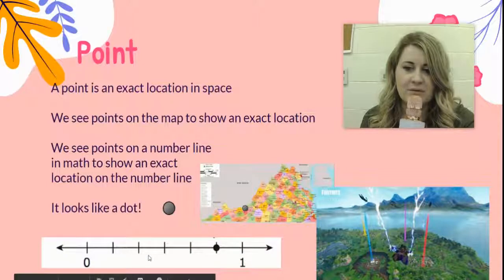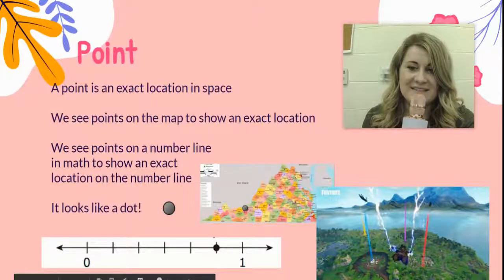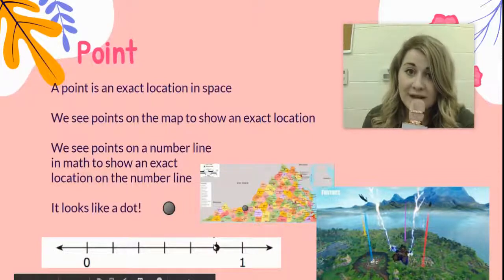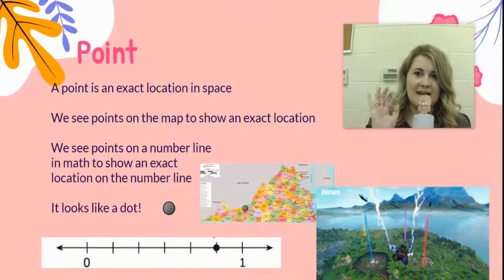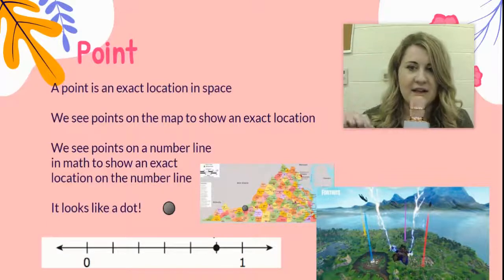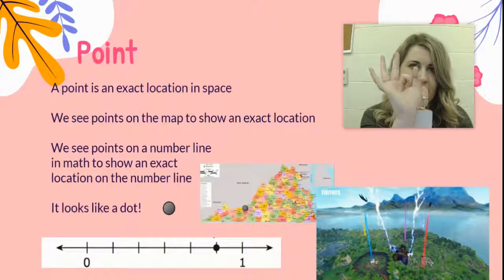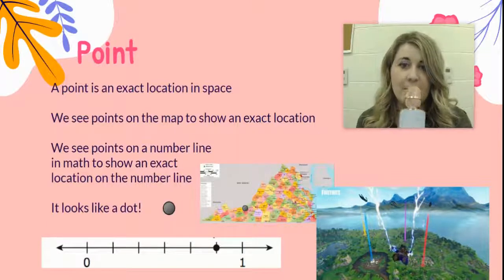So 1 space, 2 space, 3 space, 4 space, 5 space, 6 space. 6 would be the denominator, and my numerator would be how many spaces it takes to get to the point. 1, 2, 3, 4, 5 spaces. So my fraction there would be 5/6, and that is the exact point on the number line. So all a point is a dot showing an exact location, okay? It's showing exactly where it is. So that is a point.